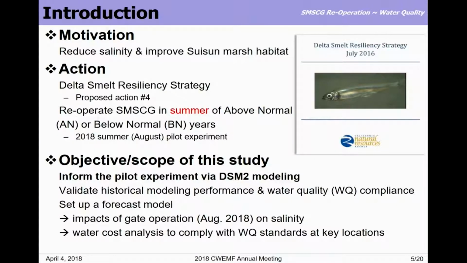The objective and scope of our modeling study is, first, to take a look at what happened in history to see what the pattern is like, and also, the major focus is to make a forecast modeling to see what happens this summer. And as I put down there, we have a water cost optimization analysis which can strengthen our forecasting. I will show you later.